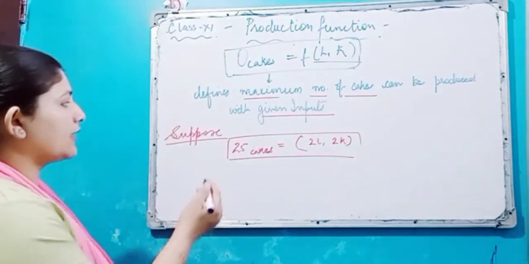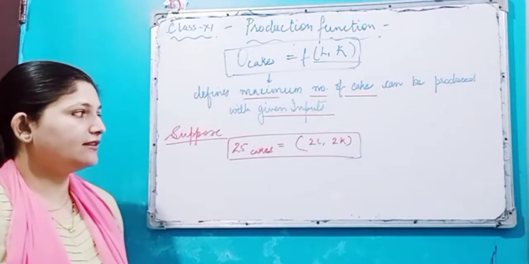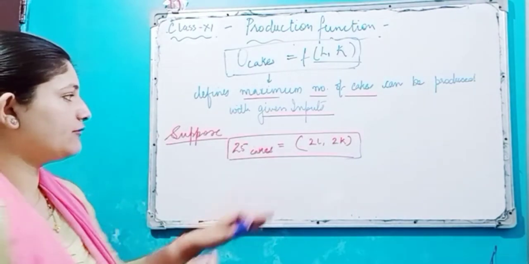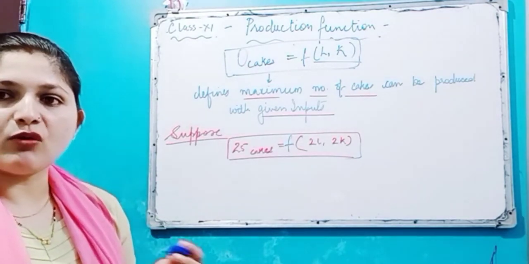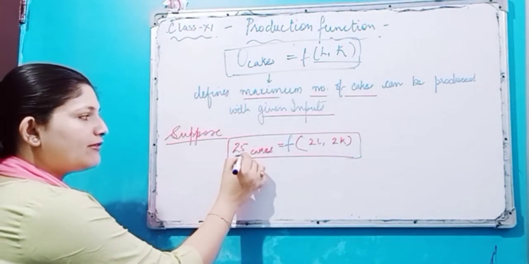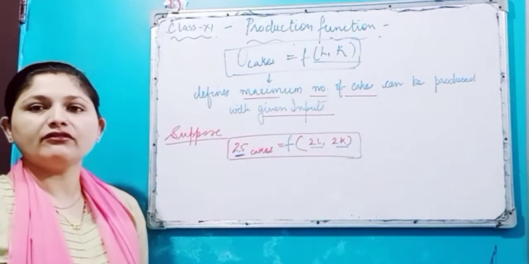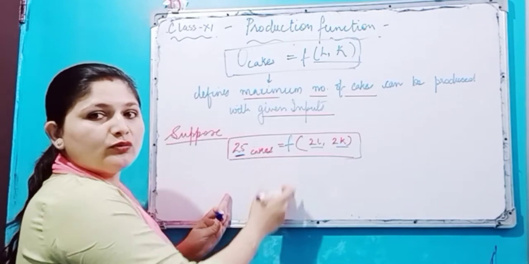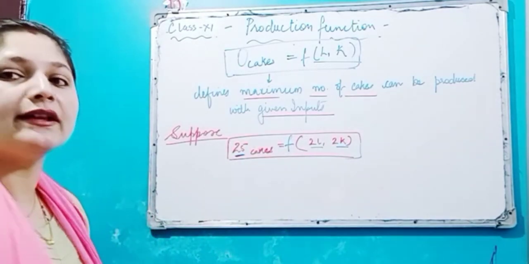So see, if I write this equation, 25 cakes is equal to a function of 2L, 2K. So now what does this mean? This means that we can produce a maximum of 25 cakes with the help of 2 labor and 2 units of capital. Okay, so if an equation is given to us, what do we conclude by this?